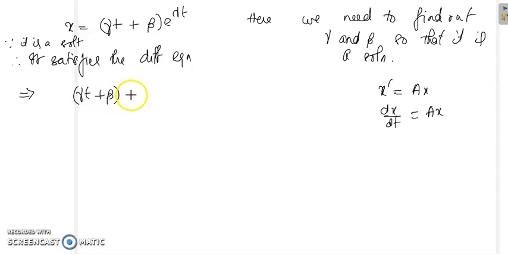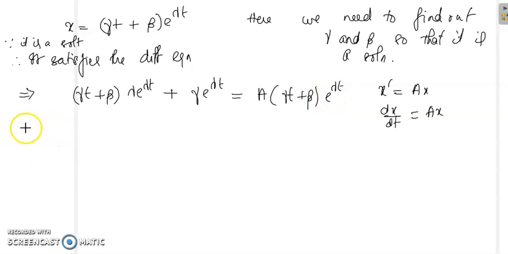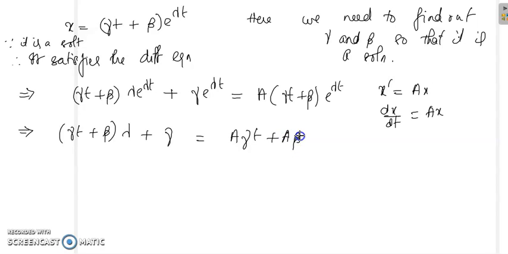Gamma t plus beta into lambda e raised to lambda t plus gamma e raised to lambda t will be equal to a gamma t plus beta e raised to lambda t. Now let us divide throughout by e raised to lambda t on both sides. So we will have gamma t plus beta into lambda plus gamma equal to a gamma t plus a beta.